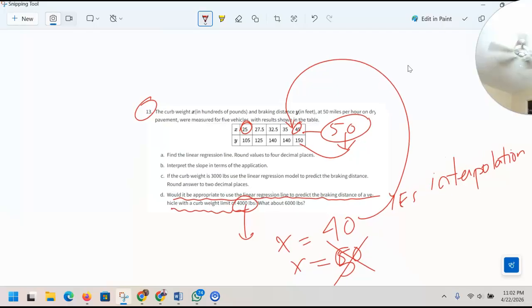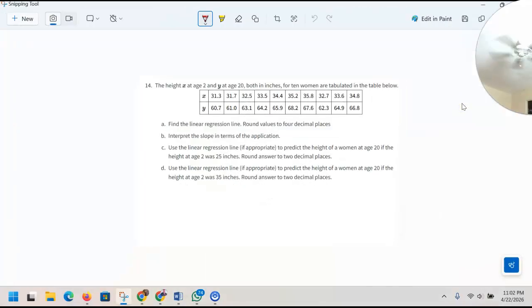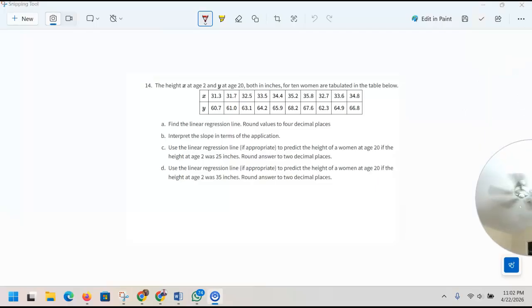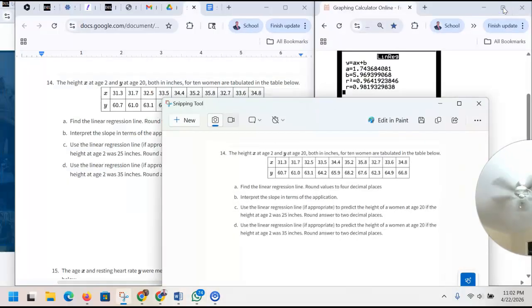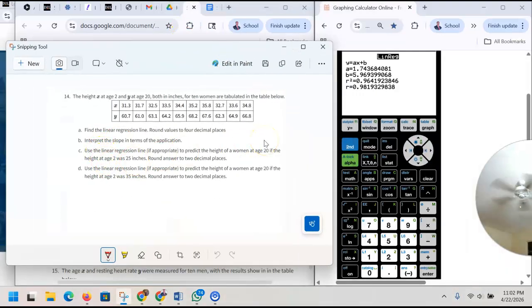So here the equation is y equals a, which is 1.7437 to 4 decimal places, times x, that's the slope, and the b is 5.9694.